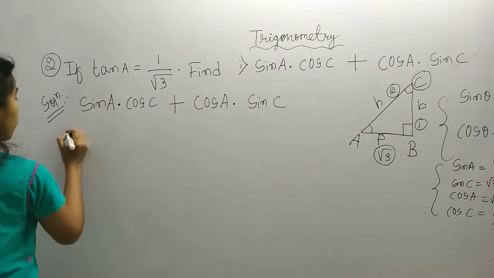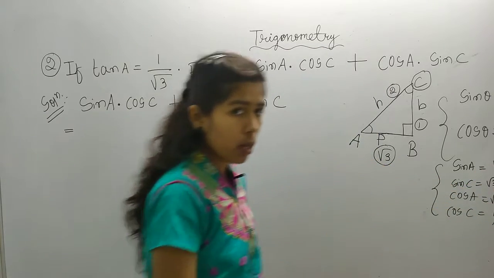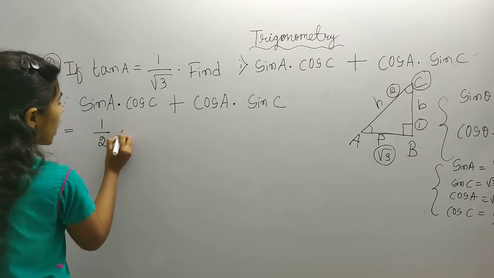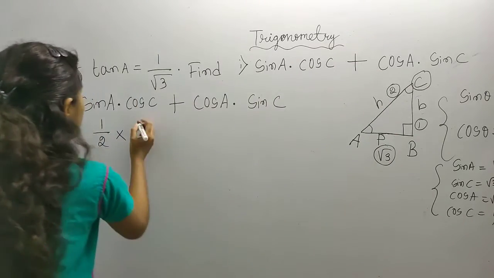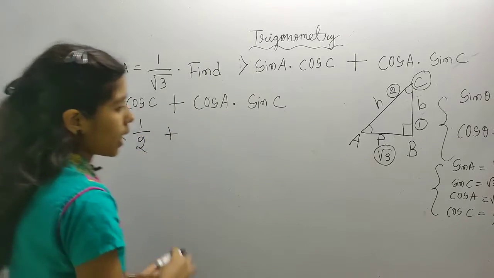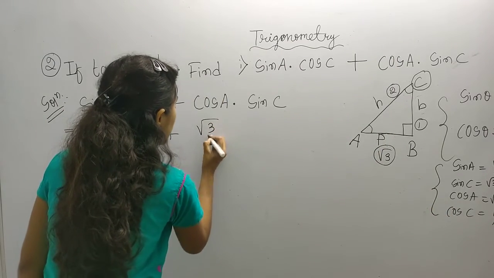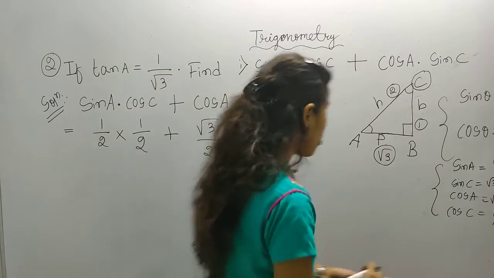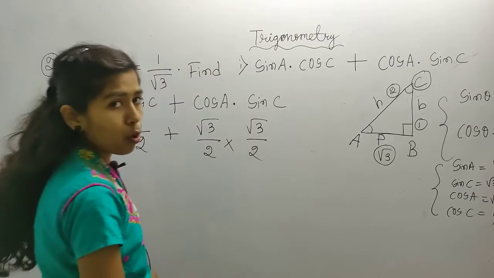So let's see. Equals sin A, the sin A value is half, we have already found out. So 1 by 2 into cos C. How much is cos C? 1 by 2. Plus cos A, cos A is root 3 by 2, into sin C. Sin C is also root 3 by 2.